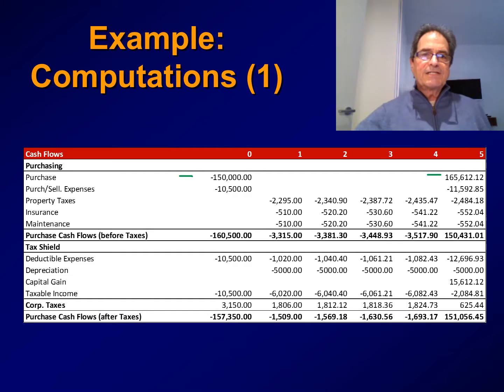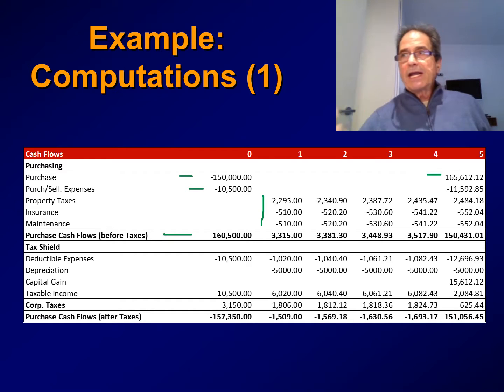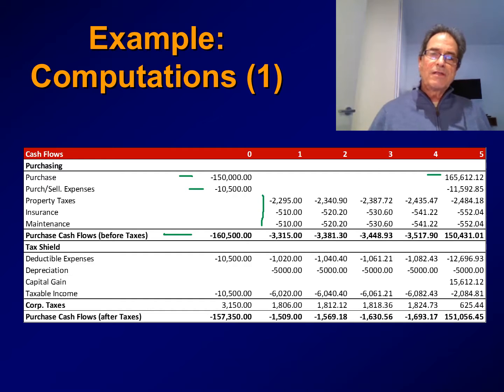We have the purchasing and selling expenses at time 0 and time 5. And we have all the other expenses, property taxes, insurance, maintenance. If we add this up, we obtain the before tax cash flow corresponding to purchasing the property. So we have minus 160,500 in year 0, minus 3,315 in year 1, etc.